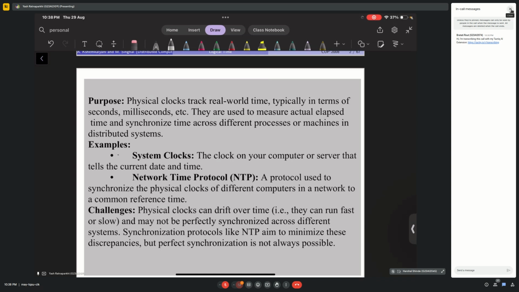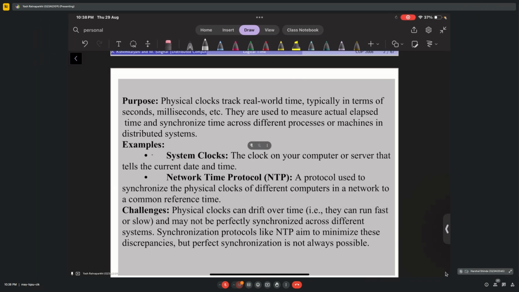For this, the system clocks present in the system were handling it, and the other thing was the Network Time Protocol. This is an important term because it may be asked in the MCQ. We never know what can be asked, so we should remember this. For physical time, NTP, Network Time Protocol, was used.